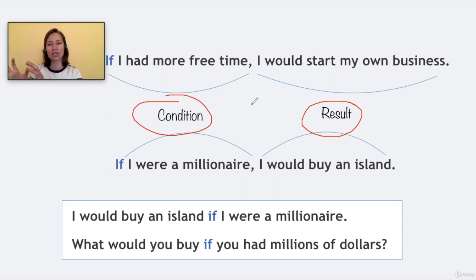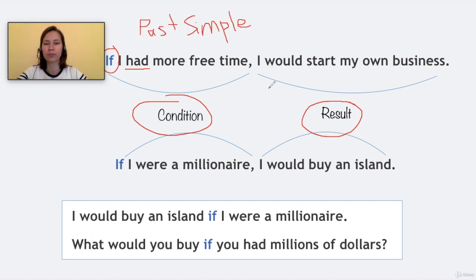In the condition, you see if, and after if, in this type of conditional sentence, you use had, which is past simple. Okay, so if and past simple. And you don't change it. It's always like that if you speak about an imaginary situation in present.